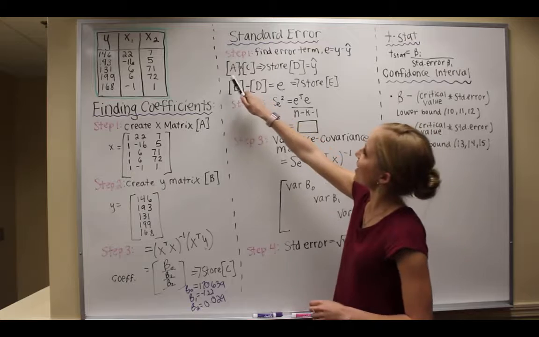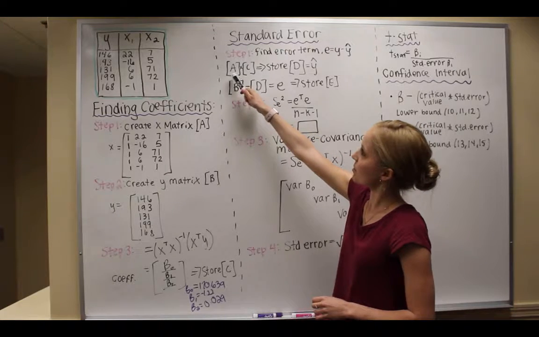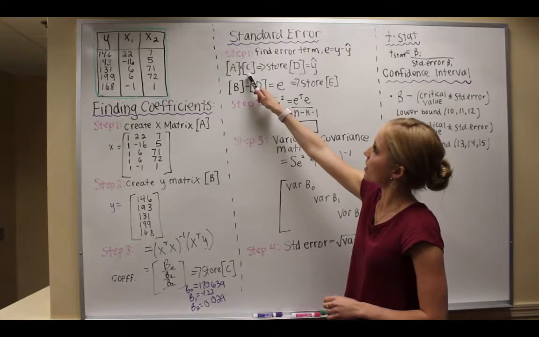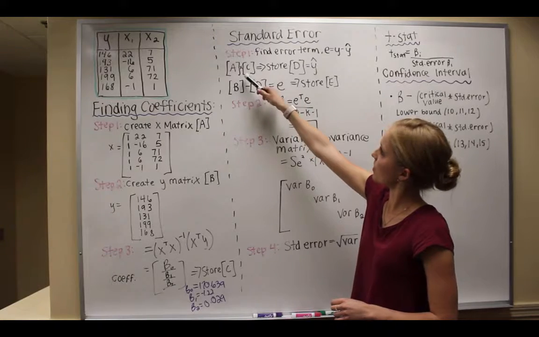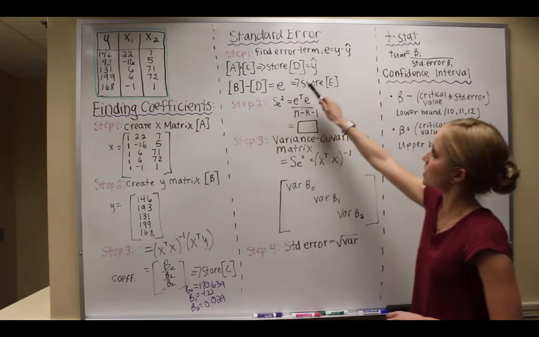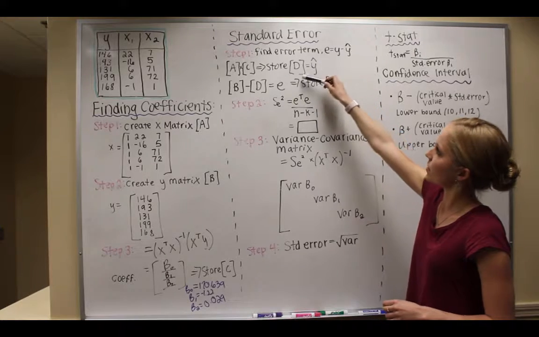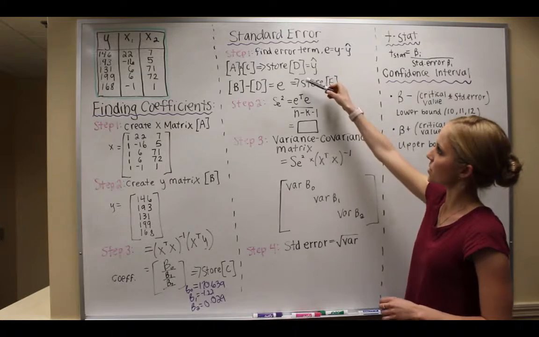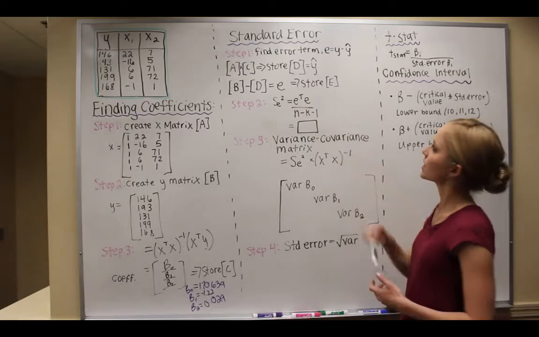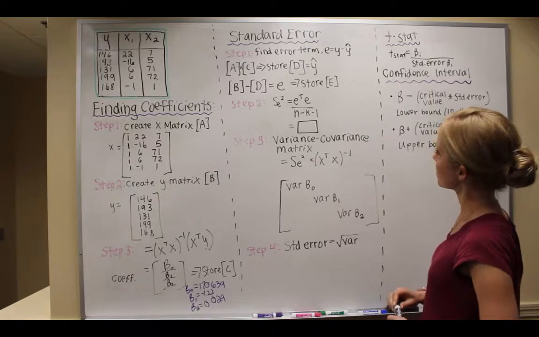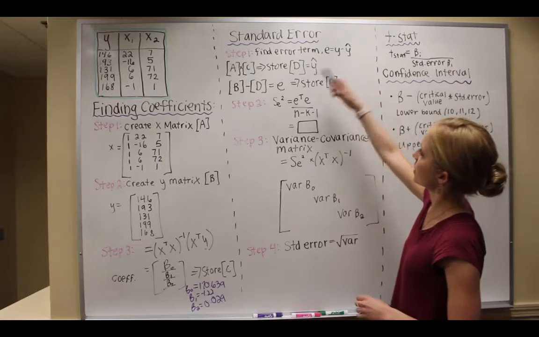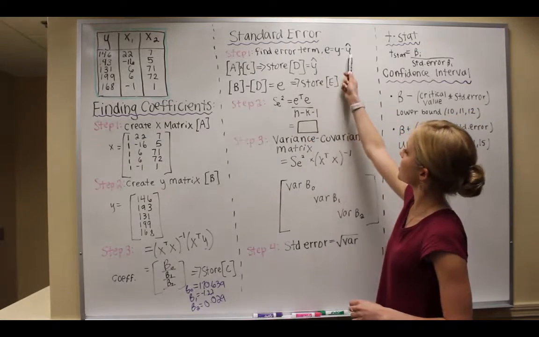So if we multiply our x matrix, or matrix A, by our beta coefficients, which are matrix C, we'll get our values for the y hat, or the estimates. And I stored these into our next matrix, which is matrix D. In order to find the error term, you have to do y minus y hat.